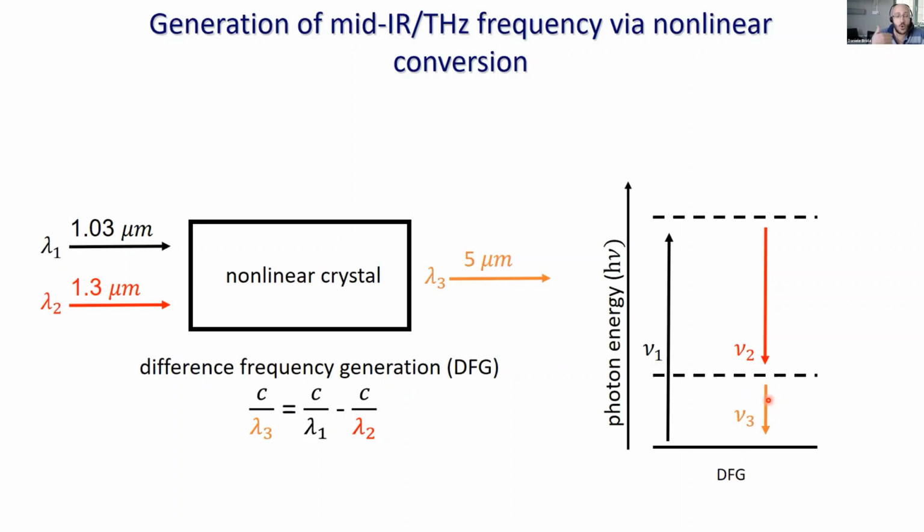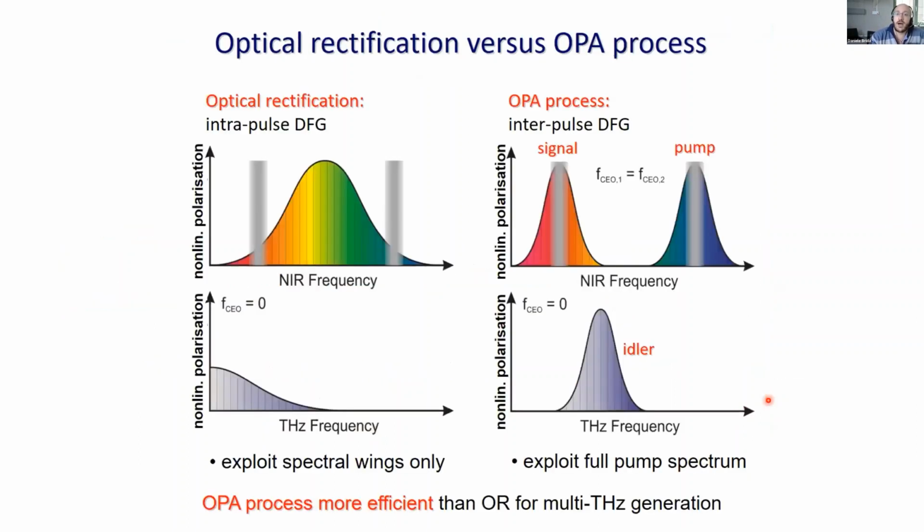And if you are in an OPA scheme, we also have an amplification of the signal in parallel that might be interesting for some applications. Now, we have an additional complication. When we are doing this difference frequency generation process, in particular if you want to access very long wavelengths, but this is also true for the mid-infrared, we have essentially two possible approaches.